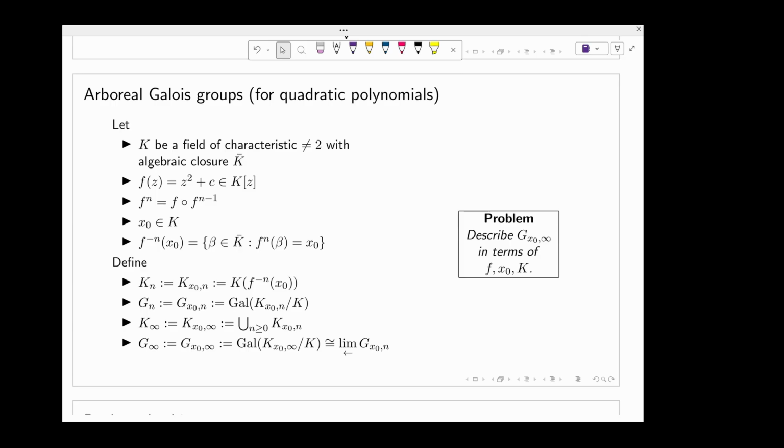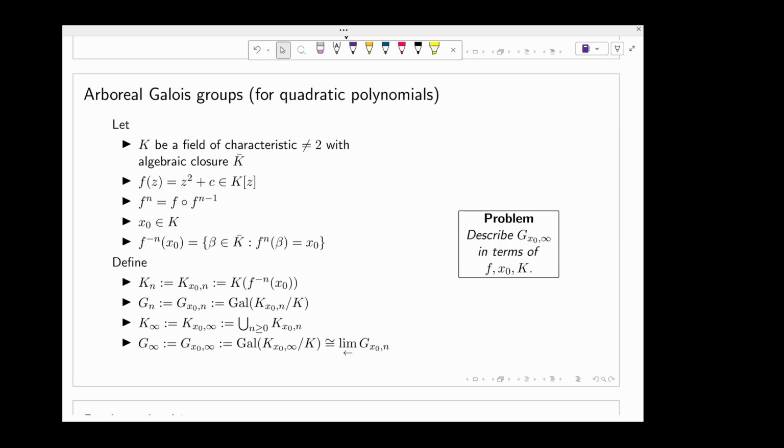And I want to consider the preimages of this x naught under the nth iterate of my map. I'll denote that f to the minus n of x naught. It will consist of all the elements beta of K bar that get mapped to x naught under this nth iterate of f. I'm going to define now some field extensions so I can start building a Galois group, or multiple Galois groups.